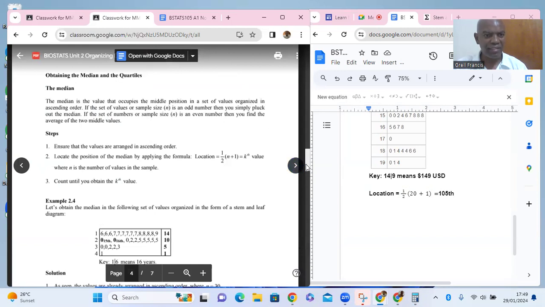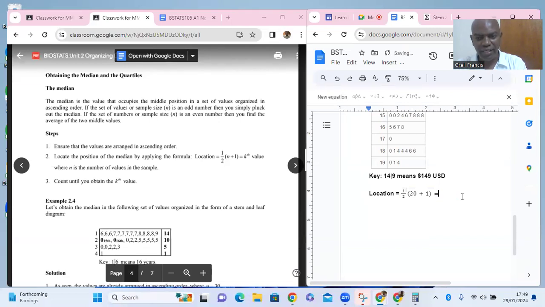Now remember, it says if you are dealing with an even number, your median will be between the two middle values. Okay, so the median appears to be between the 10th and the 11th value.